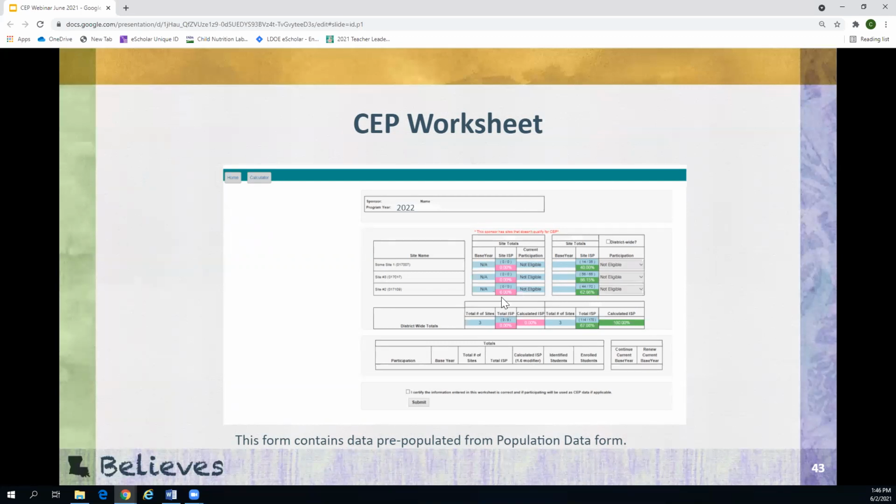Then this next section would be your current year CEP information, the information you just submitted on the population data. Then in this last column, you'll want to select whether or not you're going to participate in a cluster. If you want to participate district-wide, you'll make those decisions here.